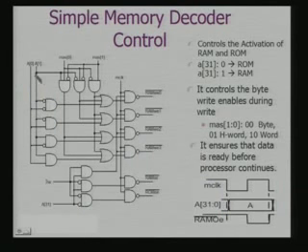Is this clear? So, now these addresses, if you see A0 and A1, which were not being fed to the individual memory blocks, they are actually being used for selection of which signal to enable.